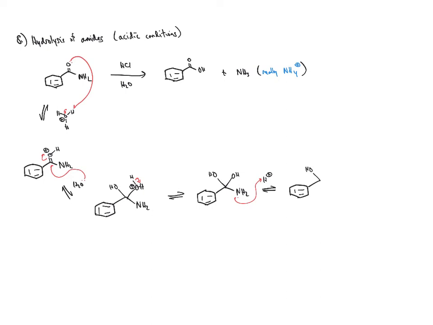All right, so what we're going to do is we're going to generate that species. That charged species will then undergo collapse of the tetrahedral intermediate with loss of ammonia to generate this protonated carboxylic acid.